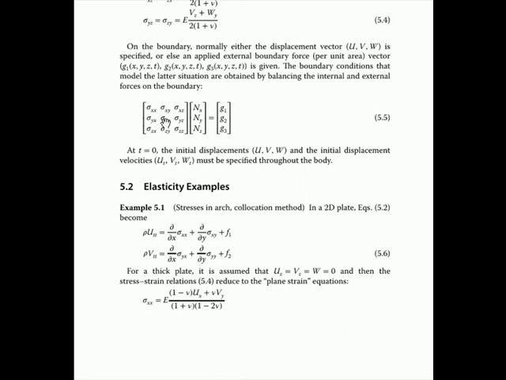And for the Galerkin method, the left-hand side is just the natural boundary conditions. So all we had to do is set GB1, GB2, and GB3 equal to those. For collocation, we've actually got to write all that out because it's not so natural. And that's going to involve first derivatives, not second derivatives, because there's no derivatives of the sigmas here. The sigmas are functions of the first derivatives of u, v, and w.